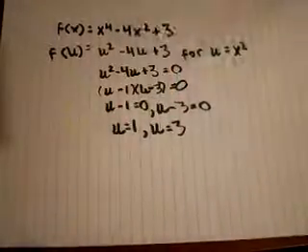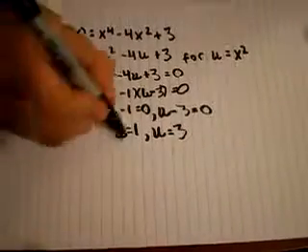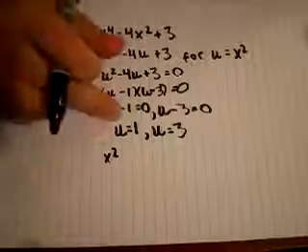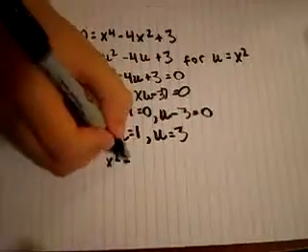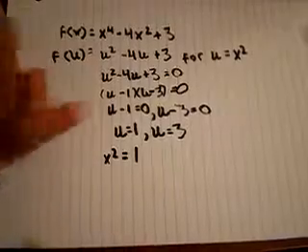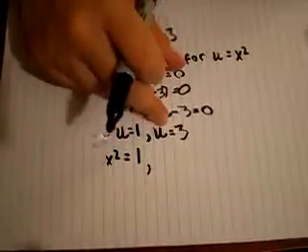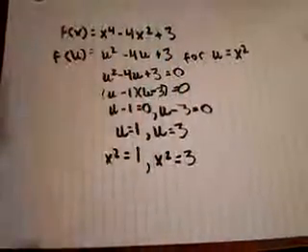Everywhere I see a u, I'm replacing it with x squared. So instead of u is equal to 1, I have x squared is equal to 1, because u was equal to x squared, and x squared is equal to 3.